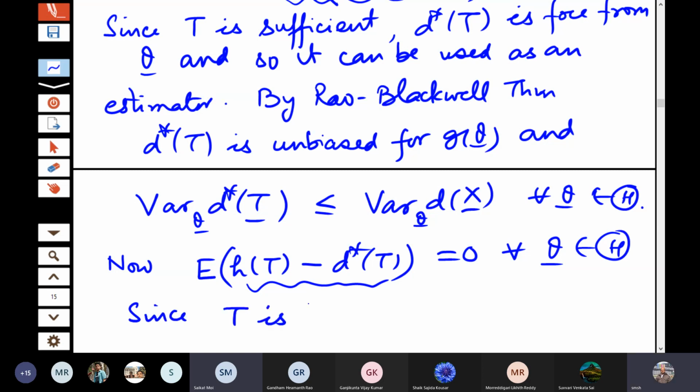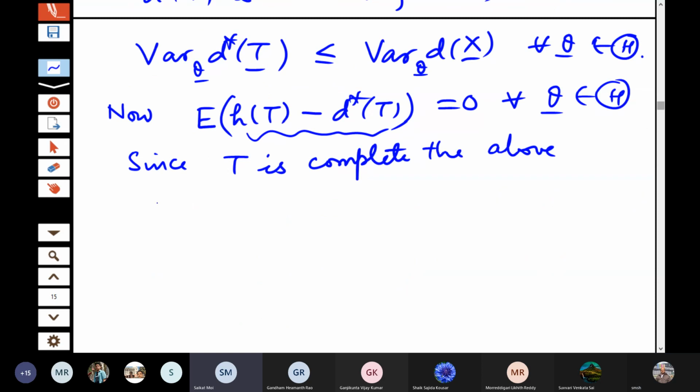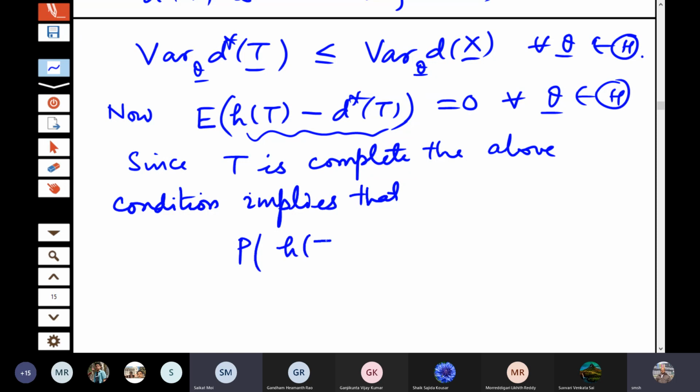Since T is complete, it implies that the probability that h(T) equals d*(T) is 1 for all theta.